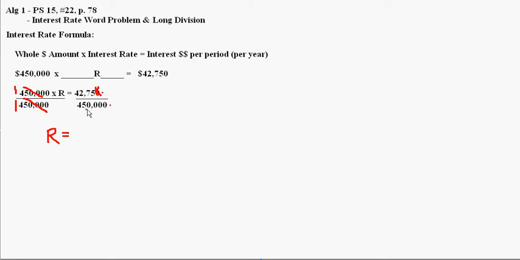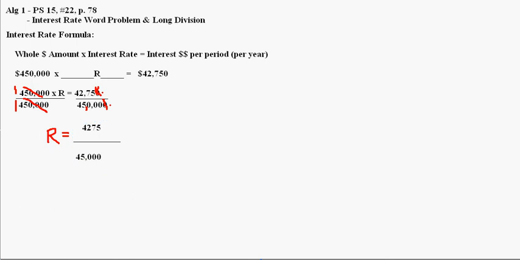If I divide 10 into the denominator of 450,000, I'm left with a new denominator of 45,000. And now I have a slightly smaller number for my division problem. So now I have 4,275 divided by 45,000 even. Okay, so that's the algebra part of it.